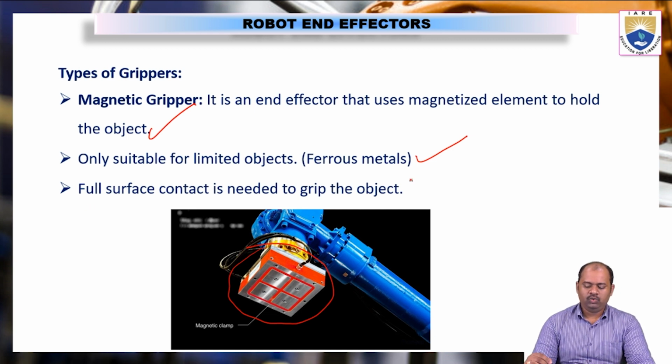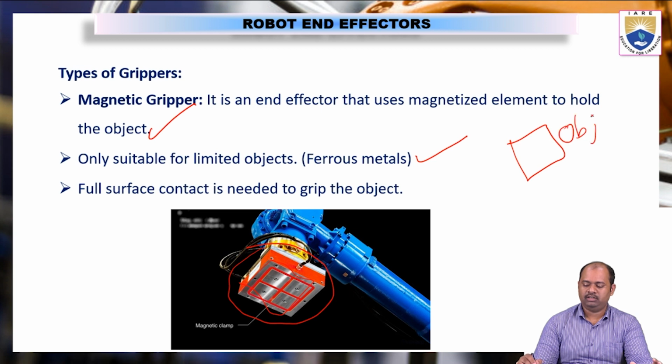In order to have a complete grip on the object, the magnetic surface of this gripper should be in contact with the object. The entire surface of the gripper should be in contact with the surface of the object.